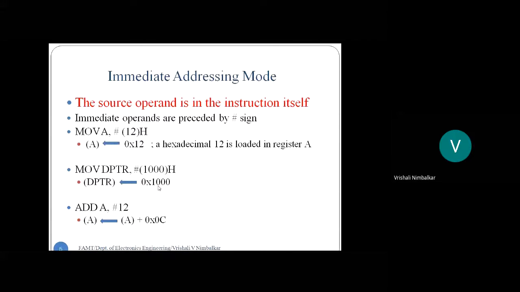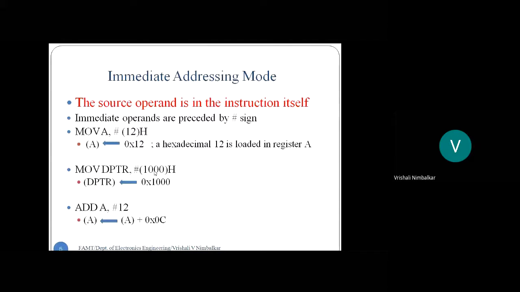But in this instruction, one 16-bit number is to be copied into DPTR, and in the earlier one, 12 hex is copied into the accumulator. So the operation of this instruction is that the number 1000 hex is copied into the DPTR register. Hash indicates an immediate operand. The data is in the instruction itself.